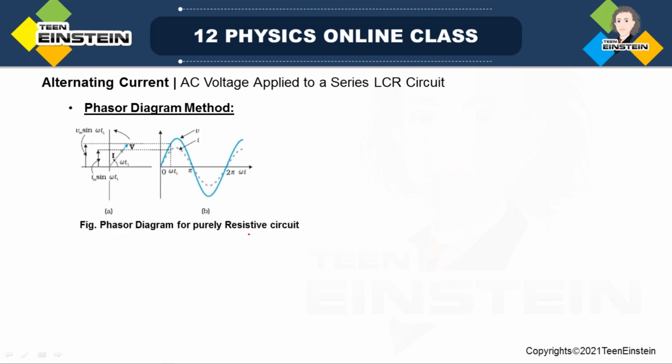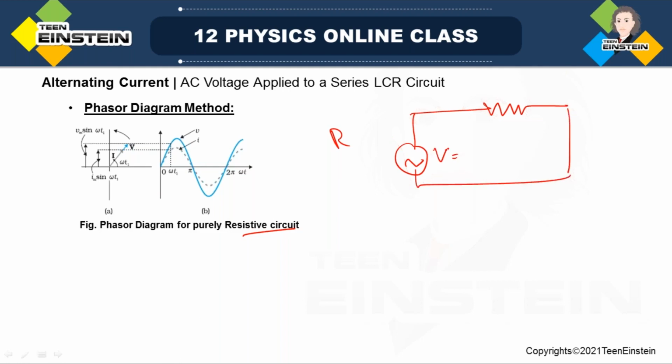See, this is the Phasor diagram for a purely resistive circuit. That means you have only a resistor. If you remember, V is equal to Vm sin omega t. So in the case of a purely resistive circuit, the current and voltage have the same phase, Im sin omega t.